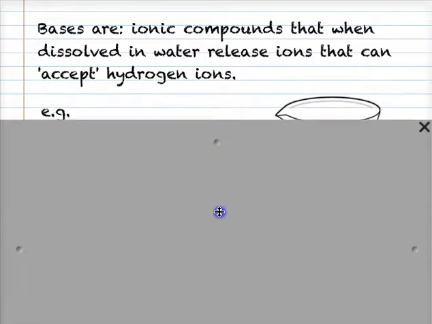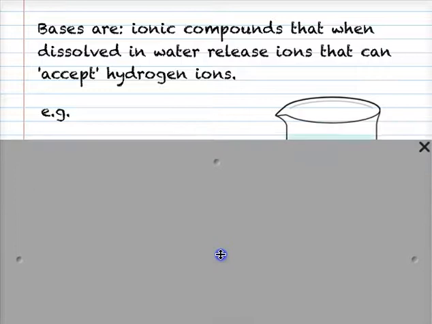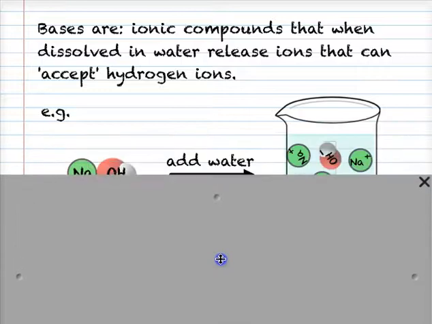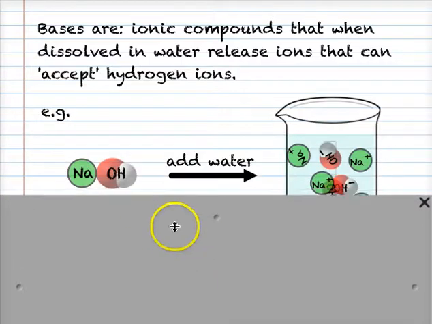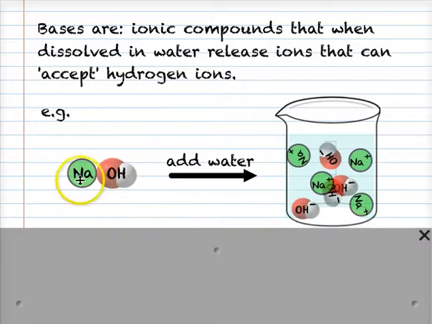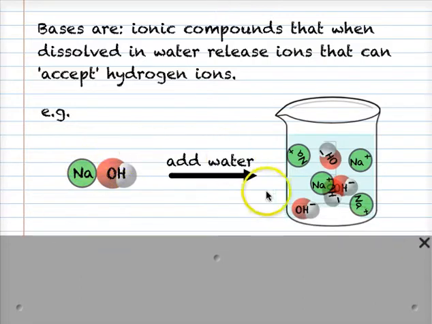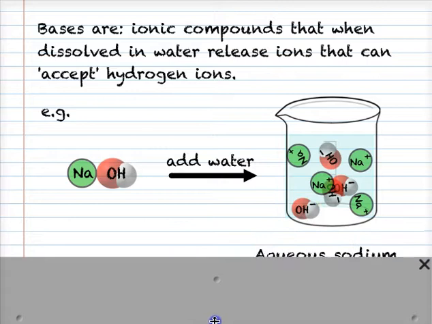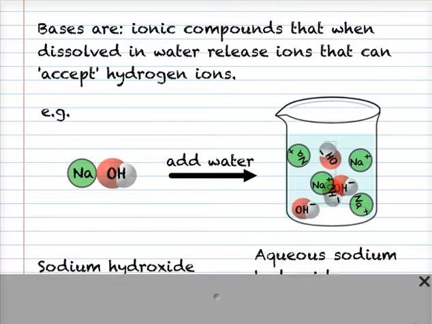So let's take a look at a base. So this base here, sodium hydroxide. Sodium hydroxide, when we add it to water, the sodium ions and the hydroxide ions, which are O and H atoms covalently bonded, they separate, and we can see that the OH can accept the hydrogen ions.